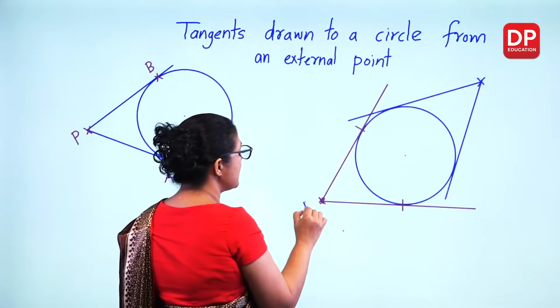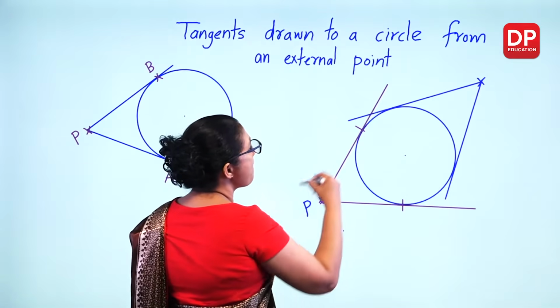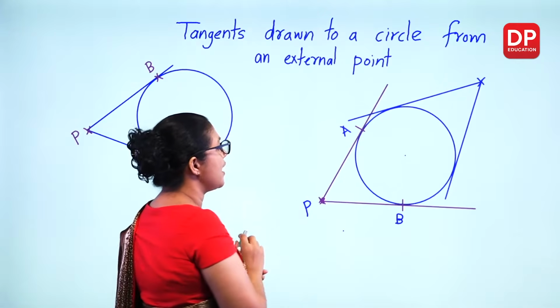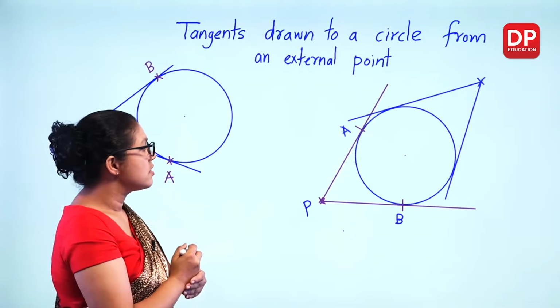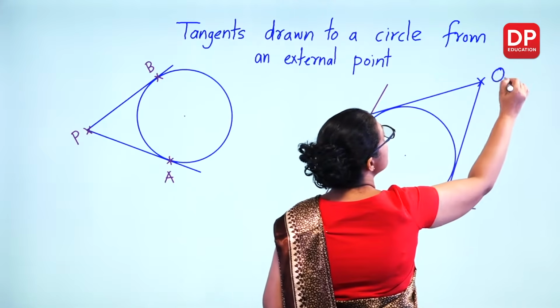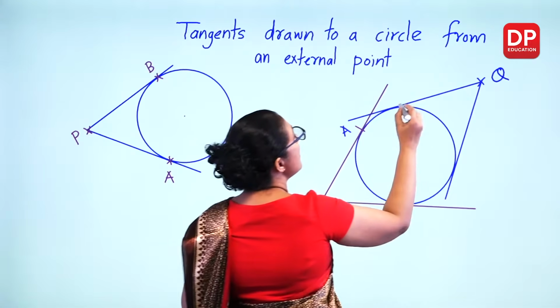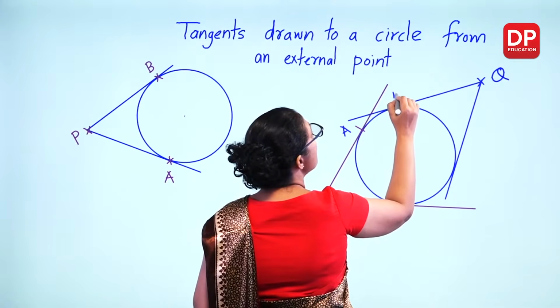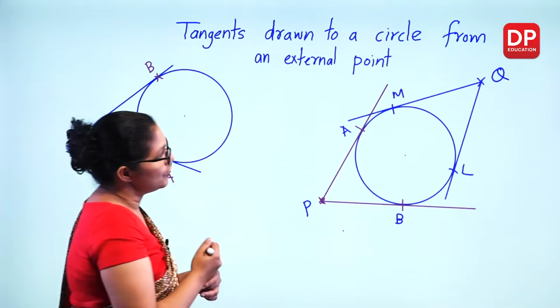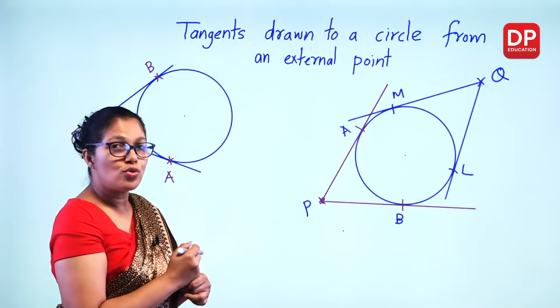So if this P is an outside point, these are A and B. So we can draw 2 tangents from one outside point. This is another outside point and I'll label this as M, L. So we can draw 2 tangents.